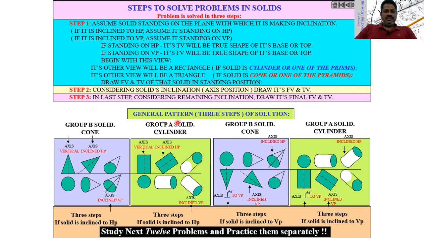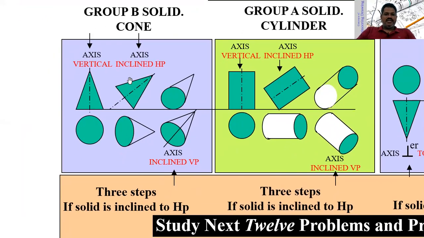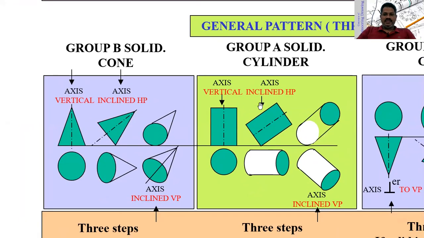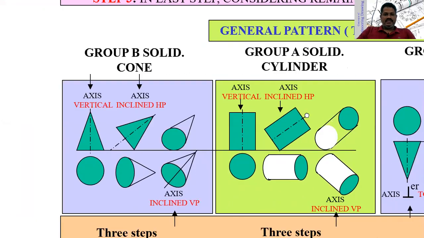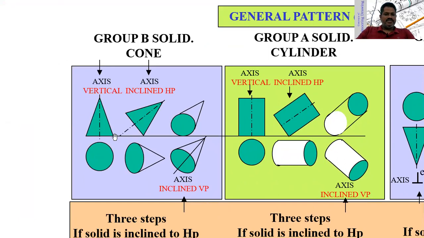Now the general pattern we will see; I will consider a few examples here. I'm considering one group and two groups here. As I said just now, if a cone is resting on HP, the true shape is the top view.